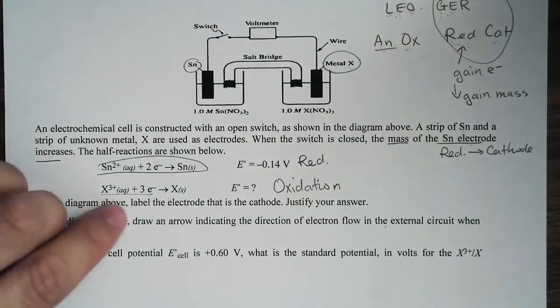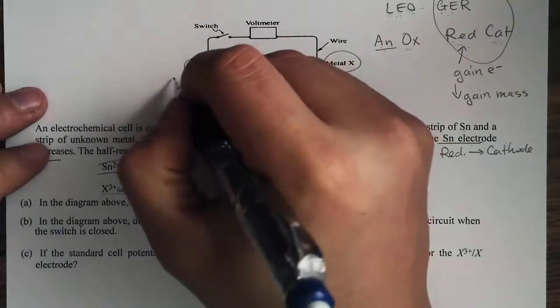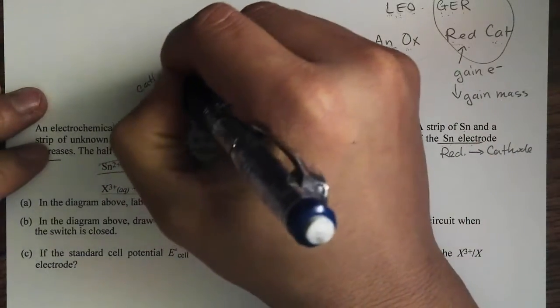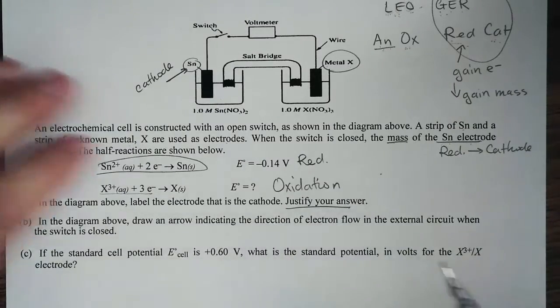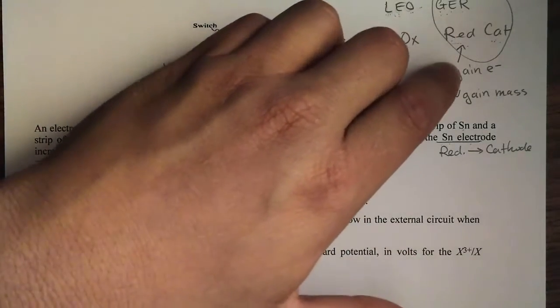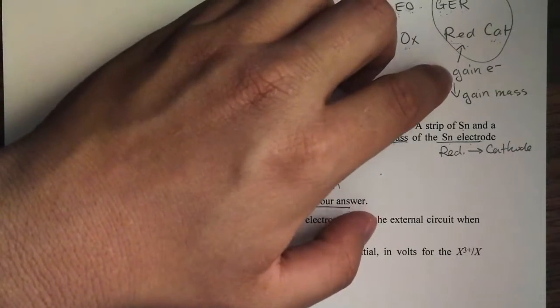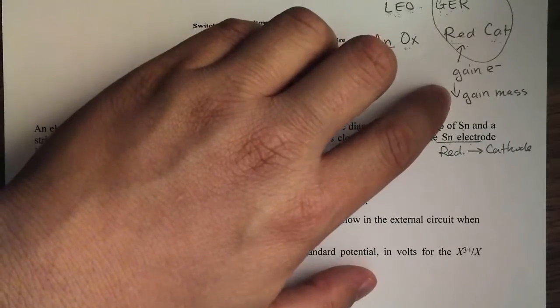So in the diagram above, label the electrode that is the cathode, which we know is going to be right there, Sn. So that would be your cathode. And how do we know, based on the justification? Based on the fact that reduction is gain of electrons, so you can write: reduction gains electrons, and the gained electrons will interact with the metal ions, which will convert to metals.